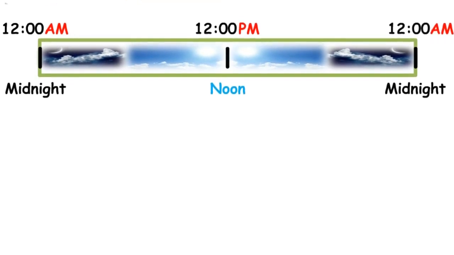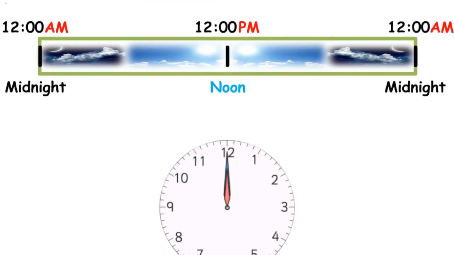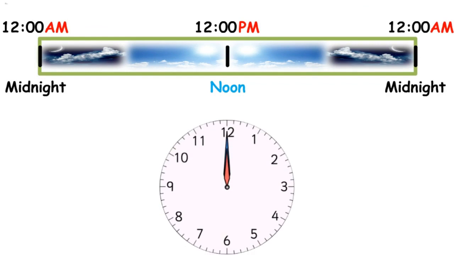In a day, there are 24 hours. Since the clock shows only 12 hours, it means each hour mark shows the same time twice in a day.